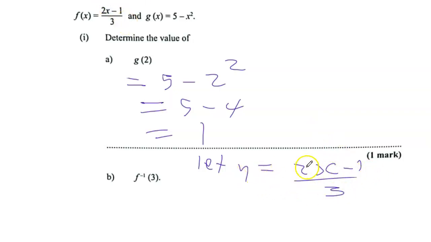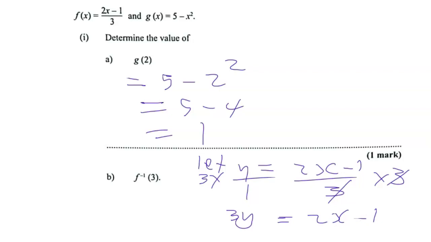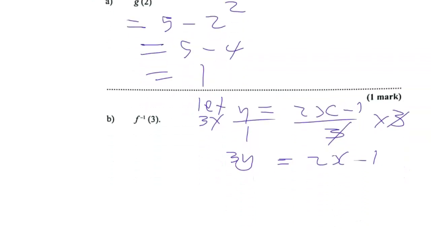We can times both sides by 3, so we have 3y equal to 2x minus 1. And of course, we can interchange x and y, finding the inverse of the function. Or we could have interchanged before we times both sides by 3.